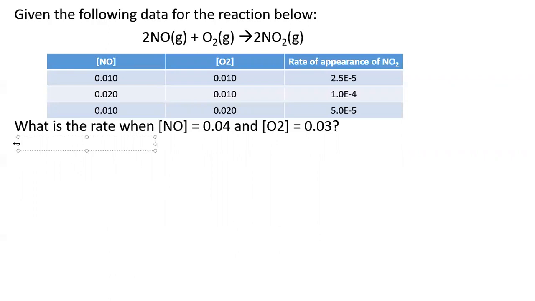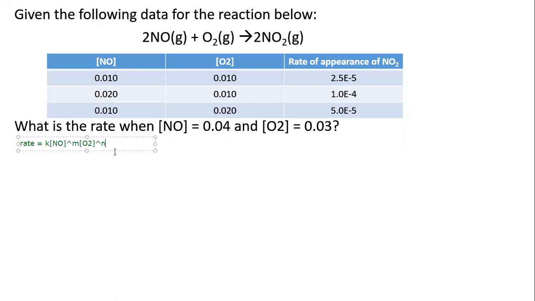So rate would equal K, NO to the m, O2 to the n. So we're going to do what we did on the last problem, except we're going to do a duplicate, one for NO, one for O2, to determine the orders of reaction.